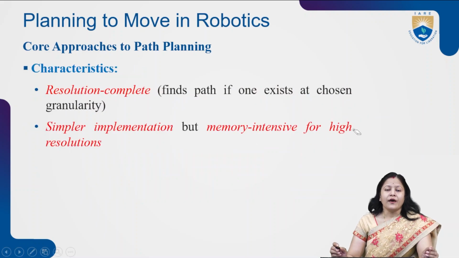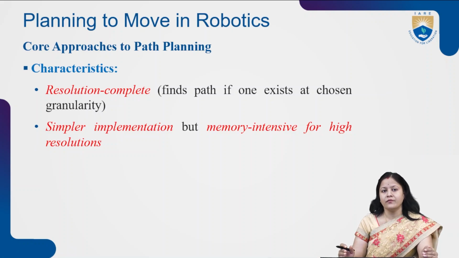Here a few characteristics are there for the cell decomposition method. First of all, this method is resolution complete. Resolution complete means it finds a path if one exists at the chosen granularity. That means the robot will definitely find a path if the path exists. If the cells are free, it will find a complete path from the starting location to the destination location.